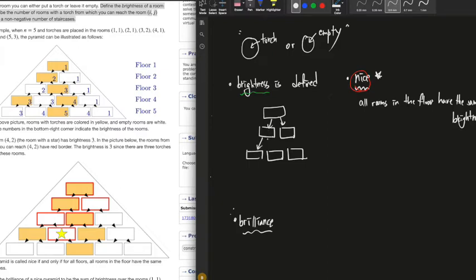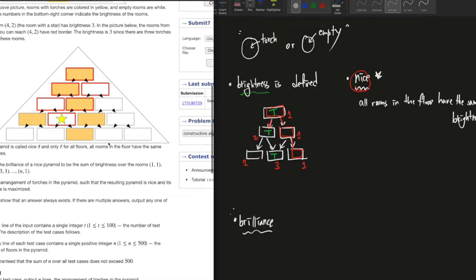If T means torch, its brightness will be 2, because it has 2 torches turned on, and this one has 1, and this has 2, 3, 1, because it only has one torch. So that's the definition of brightness.